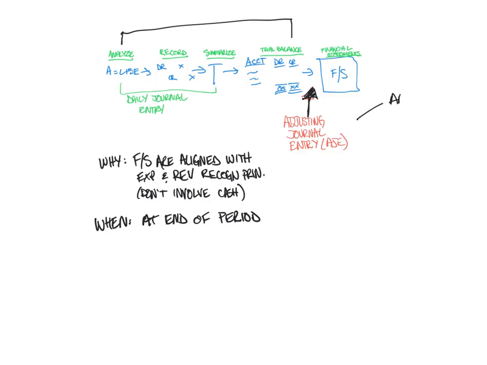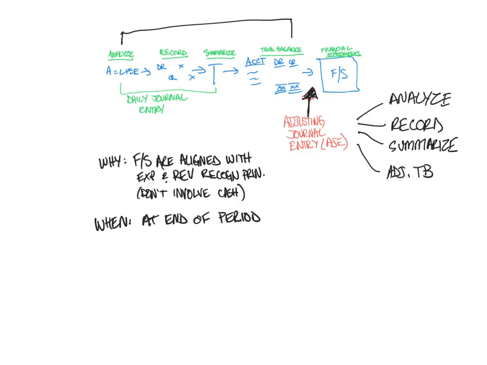So we'll analyze potential transactions, we'll record those transactions with an adjusting journal entry, then we will summarize the transactions with T accounts, and then ultimately create what we call an adjusted trial balance. So we'll go through those four steps again.